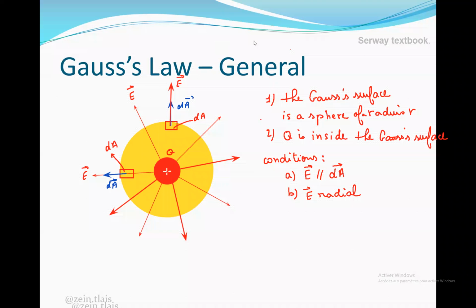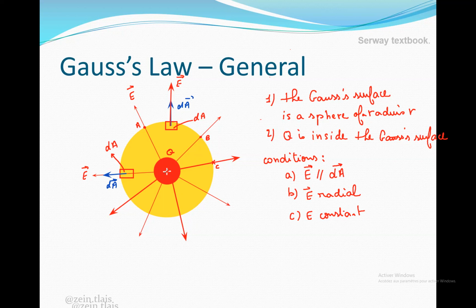The point C, E must be constant as magnitude. You see here the distance between any point and the center. We can take a point A, here a point B, a point C, and so on, on the surface of Gauss's surface.